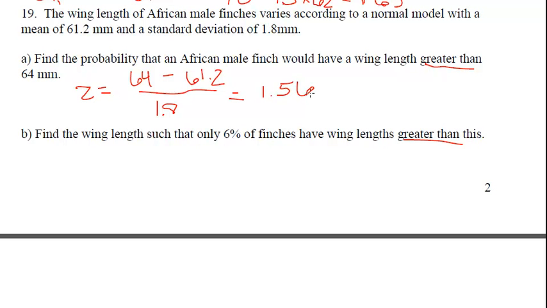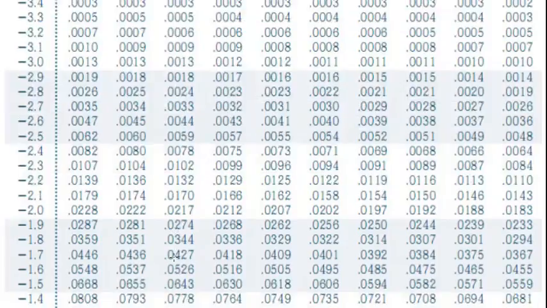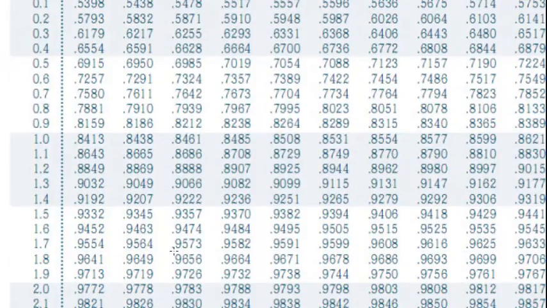What I want to do now is go to my table and look up 1.56. Oops, go to the positive side. I have 1.5 here, 0, 1, 2, 3, 4, 5, 6. So the area to the left is 0.9406.